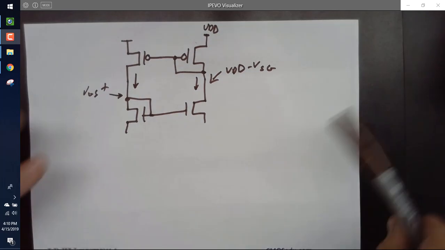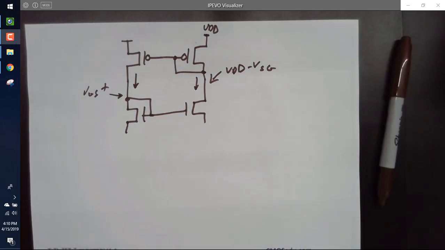So, question. In the following discussion, do I need to concern myself with the temperature behavior of the mobility of the transistors and the source gate voltages, or gate source voltages? Do I need to take that into account in this circuit?